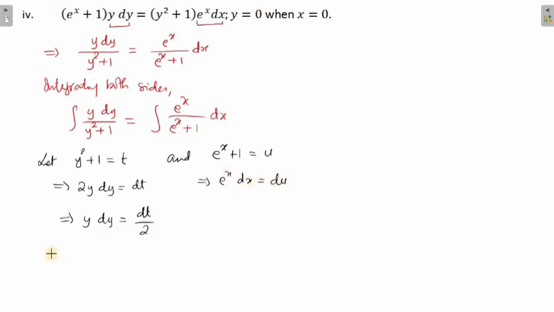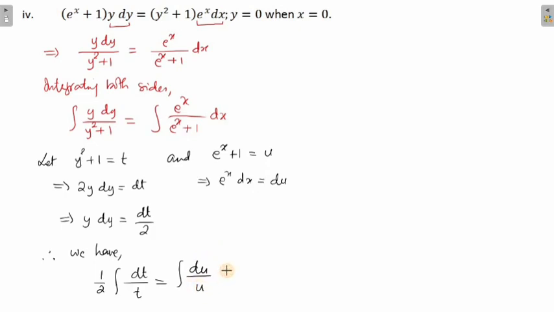So from the integral, just observe, y dy is half dt. So bring half outside, so you get dt by t, where y square plus 1 is t, is equal to, we have e to the power x dx is du, so du by u, since this entire thing was taken to be u.